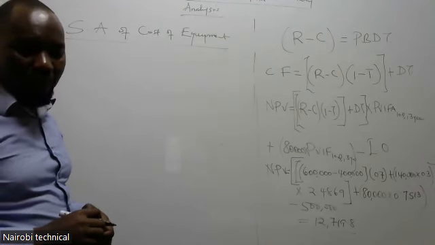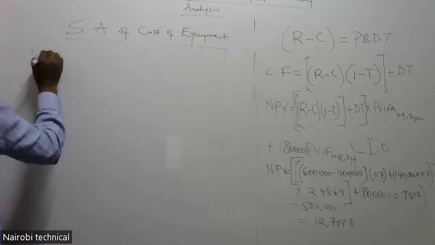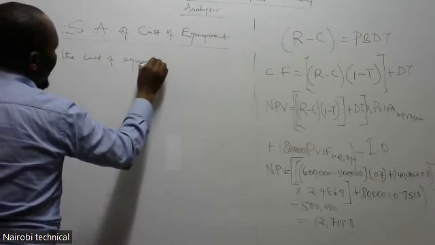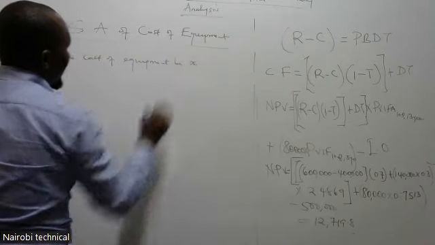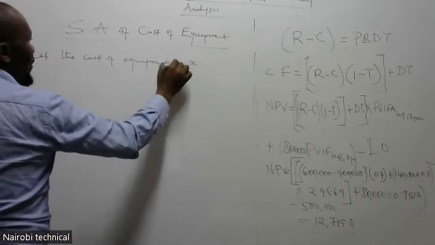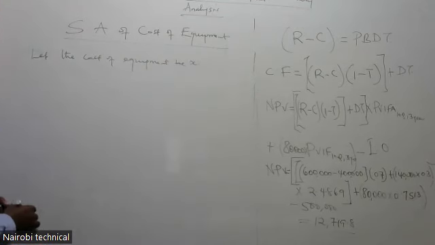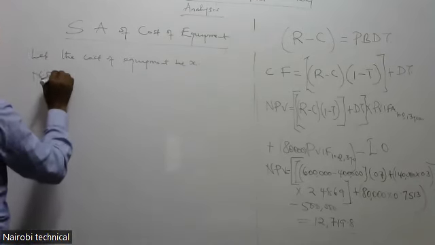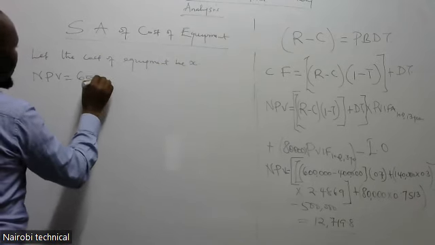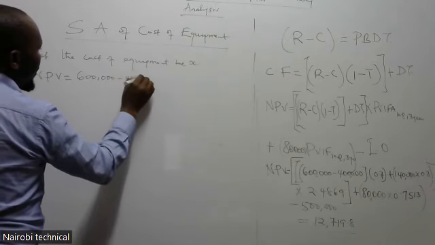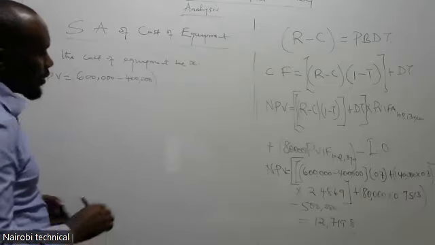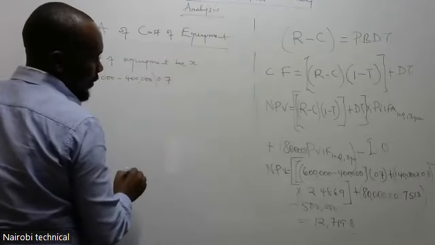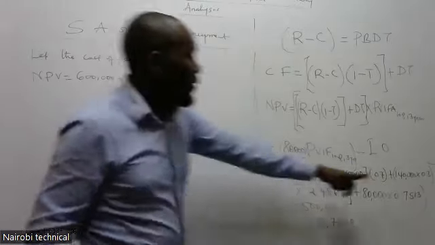So let the cost of equipment be X. So that we can reframe the formula and say that our new NPV is equal to 600,000 minus 400,000, that is here, times 0.7, plus this times this.